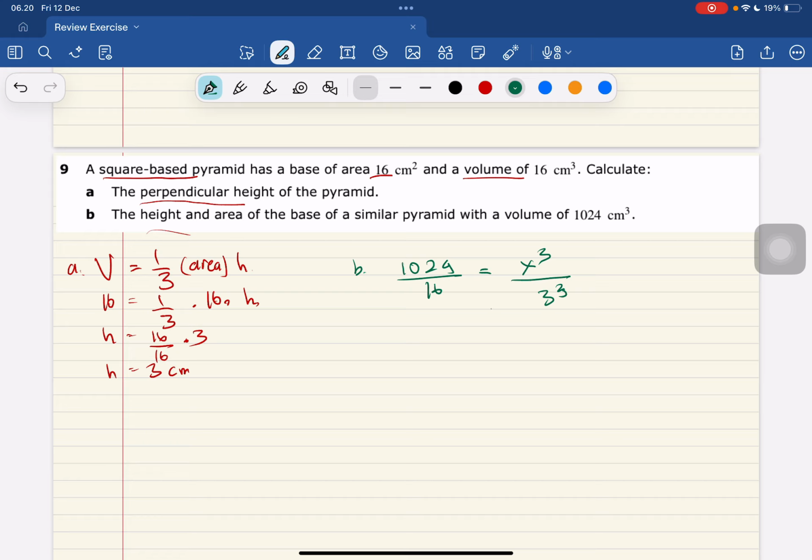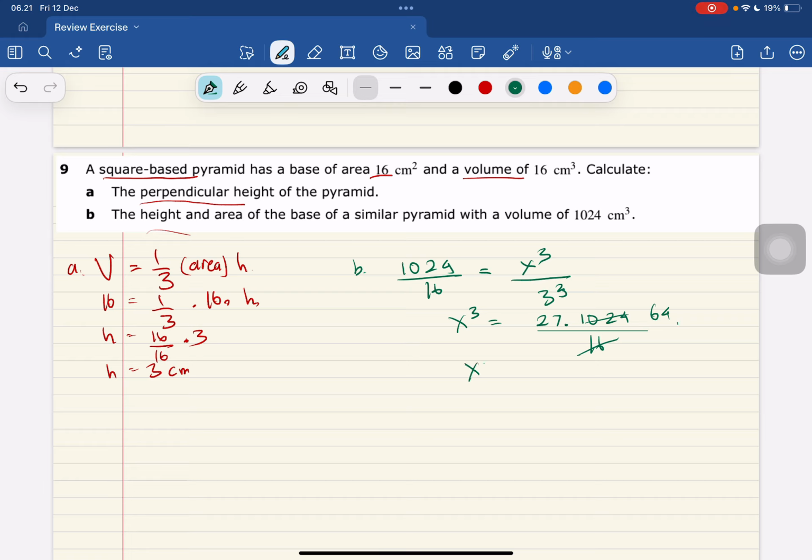We can rearrange: x cubed equals 27 times 1024 divided by 16. 1024 divided by 16 is 64.